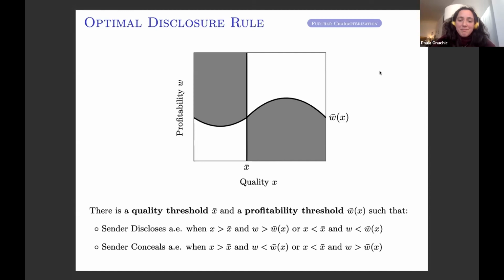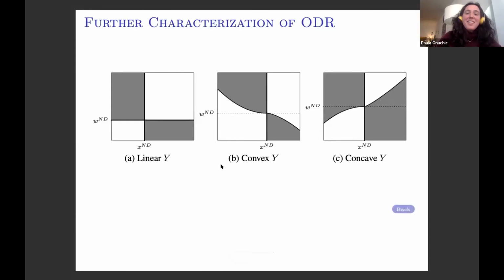Okay, so just because I'm having fun, let me tell you a bit of a further characterization that I can have. So for instance, whenever the distribution of the receiver outside options is uniform, so let's say in that case the y is a linear function, I can actually tell you that this W threshold is also just going to be a number.